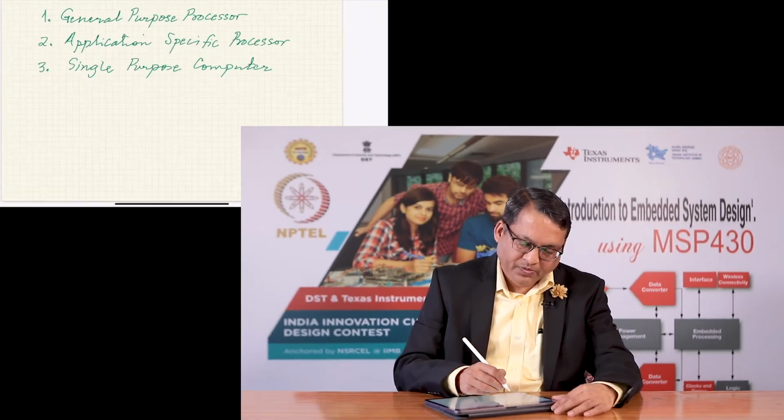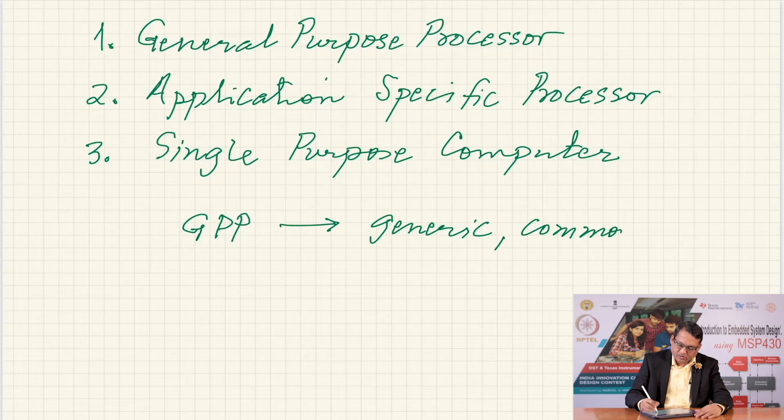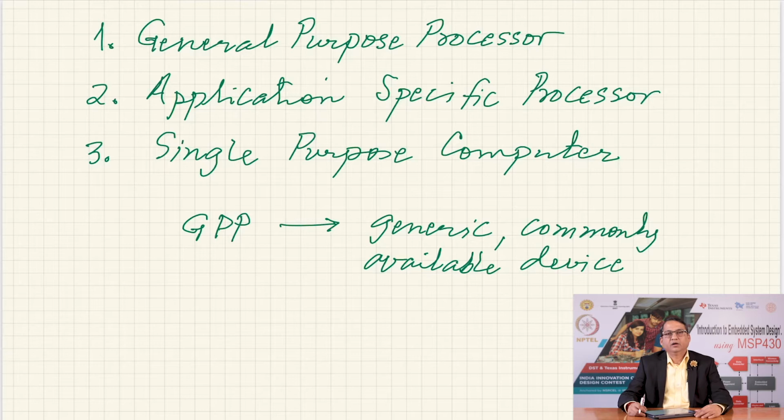Now, it turns out that a general purpose processor you can have ready made provided by some manufacturer, and this would be called a generic commonly available device. For example, you could take 8086 or you could take 68000. These are examples of general purpose processors.